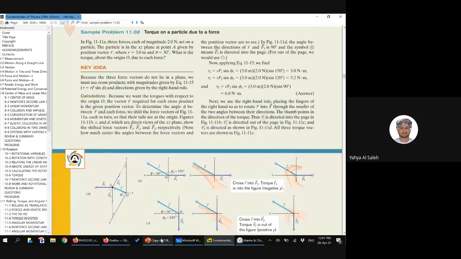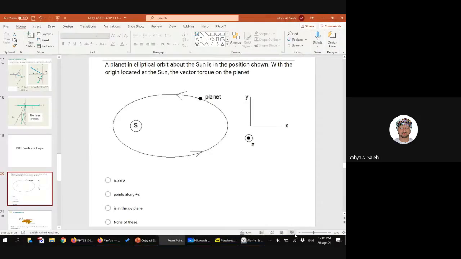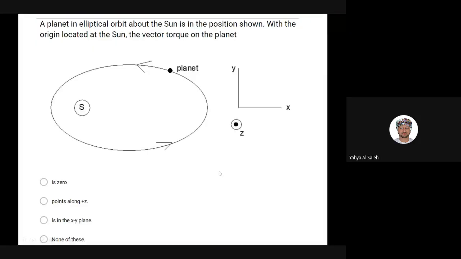Okay. So very well done, because your R and your F are both in the same direction, so your angle is 0. Your R is this way, your F is also this way, so your torque is 0.